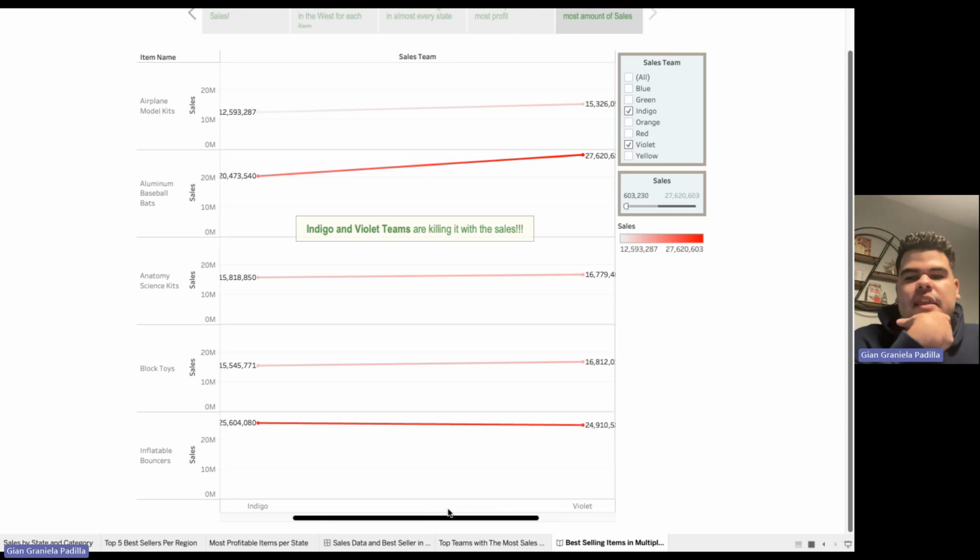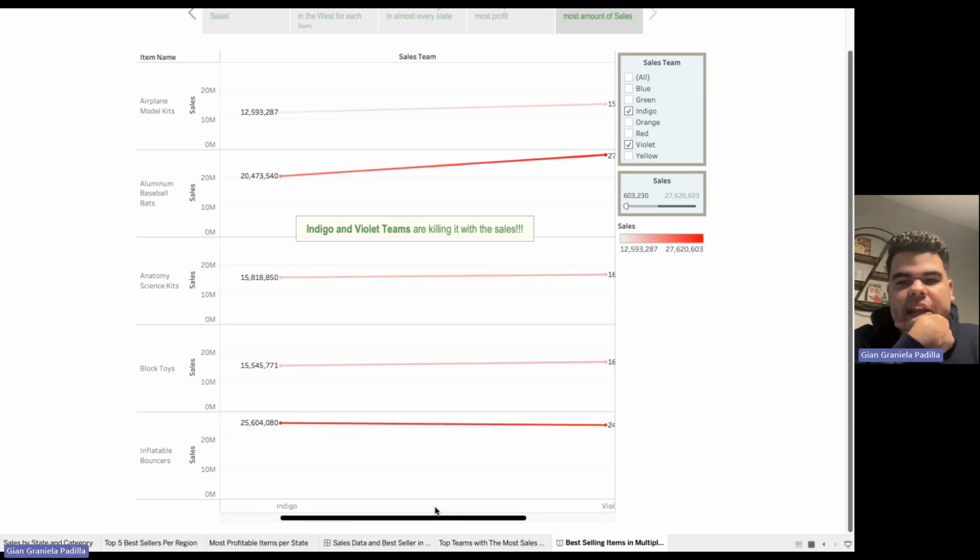And I think it's also important to highlight this part of the data, and I know I already did a worksheet talking about it, but I think it's important to look at this data because it gives us the opportunity to coach the other teams better, because I believe that the teams were a big factor in the amount of sales in the West region mostly.